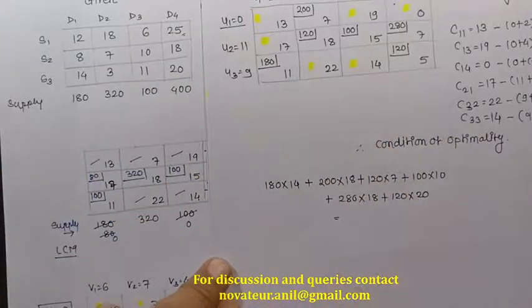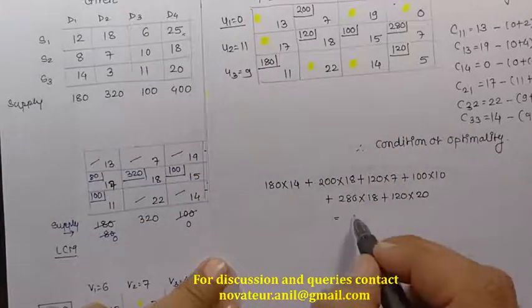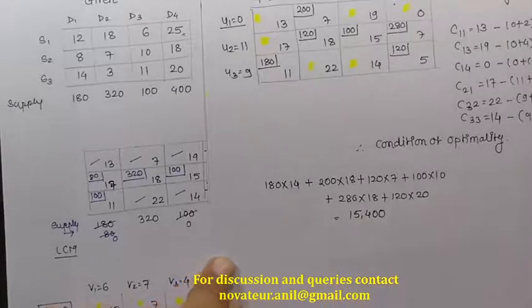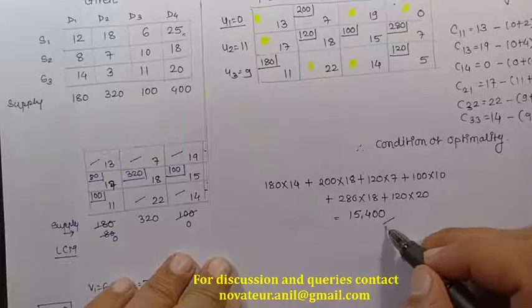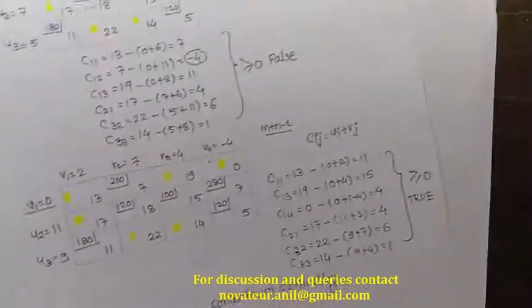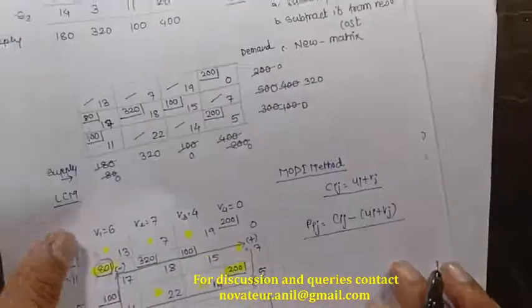So if you solve this, you are going to get the answer 15400. So this is my maximum profit that is possible if I solve this particular problem with the MODI method.